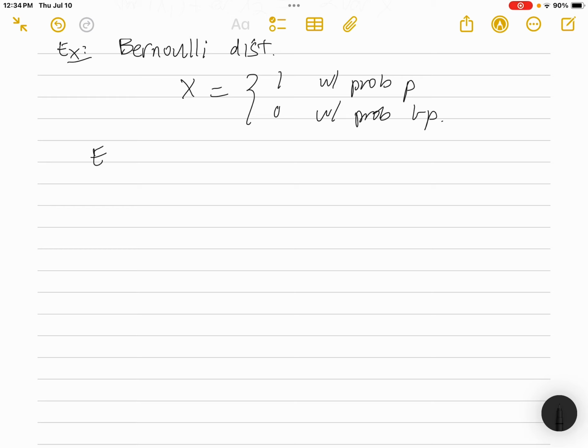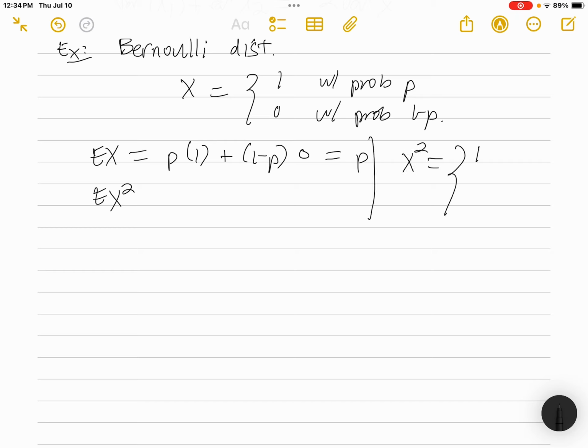Then the expectation of x is equal to p times 1 plus 1 minus p times 0, and that's p. Well, what about the expectation of x squared? What is the function x squared? That's going to be 1 if x is 1 and 0 if x is 0.